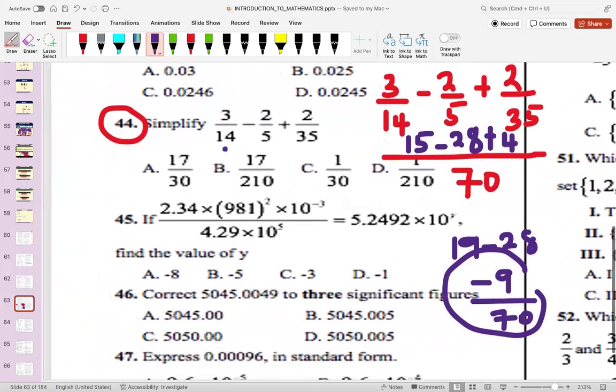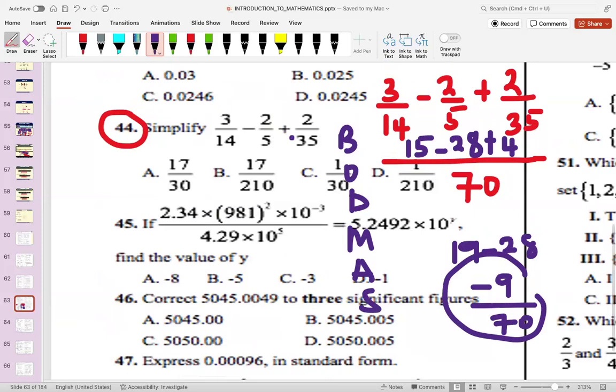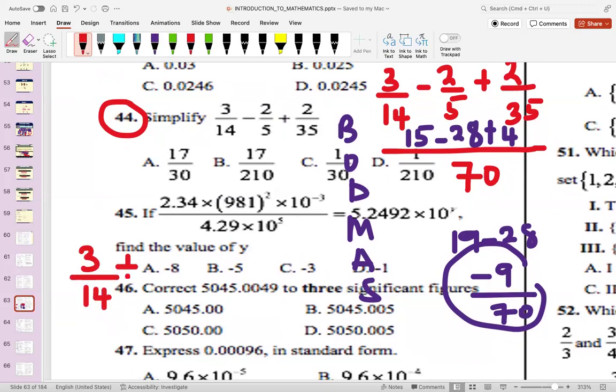Then you think of BODMAS, the BODMAS we did. So let's try and arrange it in a BODMAS way and see. Over 14 plus 2 over 35 minus 2 over 5.